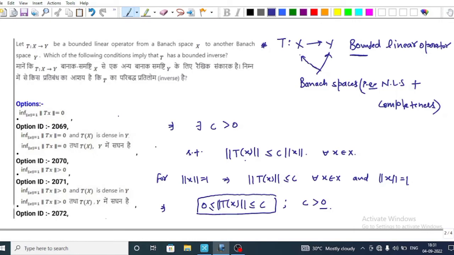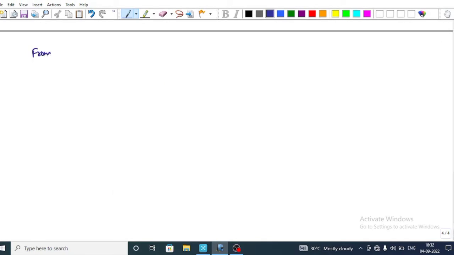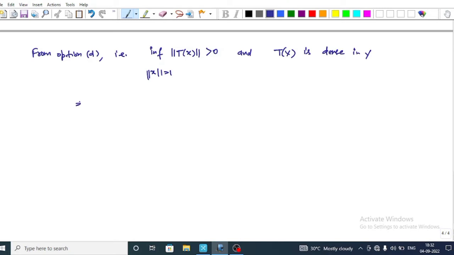Now, using these 3 results and the question statement, we notice that from option D, the infimum of norm of T of x where norm of x is equal to 1 is greater than 0, and T of X is dense in Y.